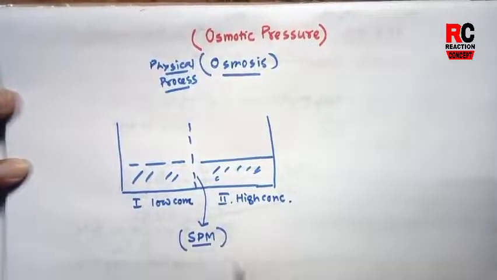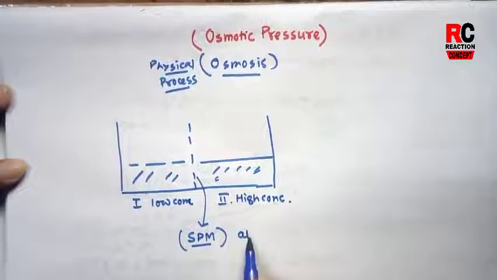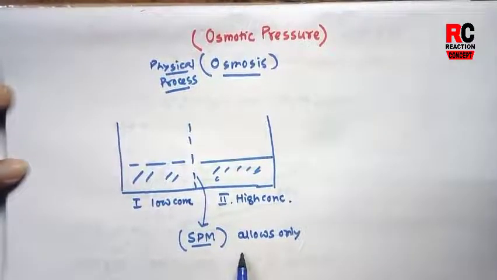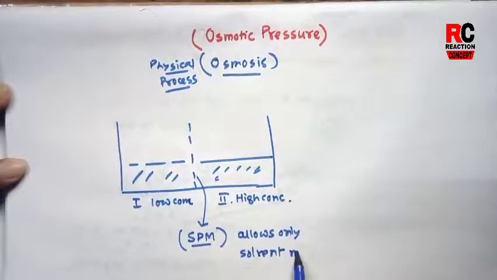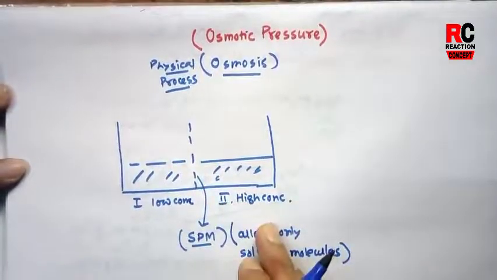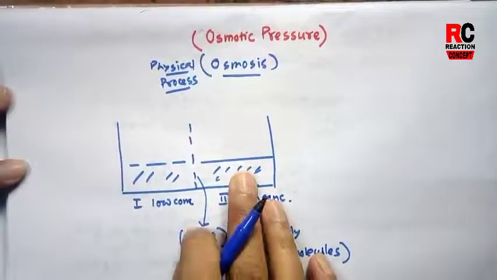This semi-permeable membrane has a characteristic that it allows only solvent molecules to pass through it. It does not allow the solute molecules of the solution.